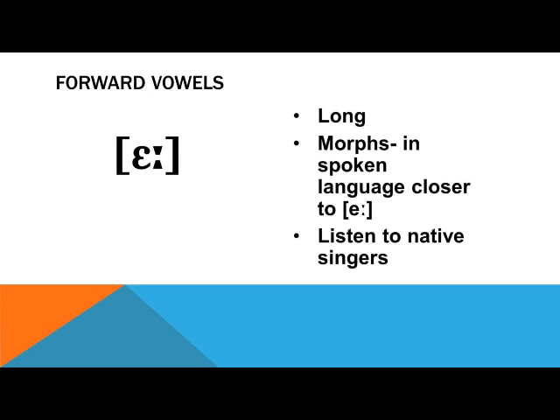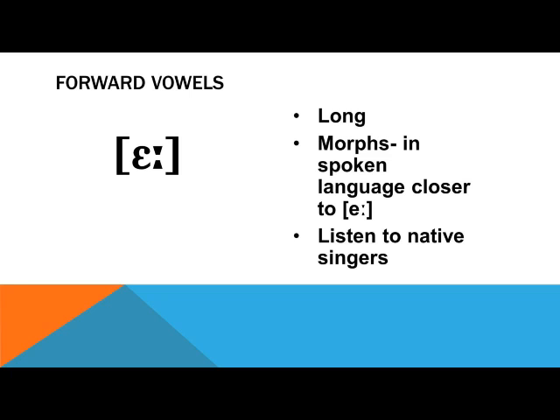This next sound is a little interesting. It's an open, long vowel, and in spoken language, it's usually pronounced a little closer to the closed E sound, but for singing purposes, we tend to open it up. And when you listen to native speakers, you hear sometimes that it goes a little more closed or it goes a little more open depending on the word, even though the rule stays the same.